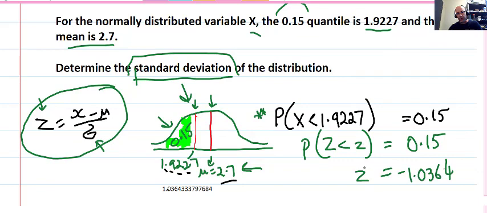Using inverse normal on our graphics calculator, that will give us a z-score of negative 1.0364.